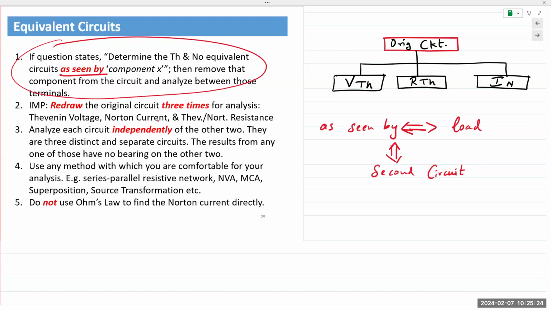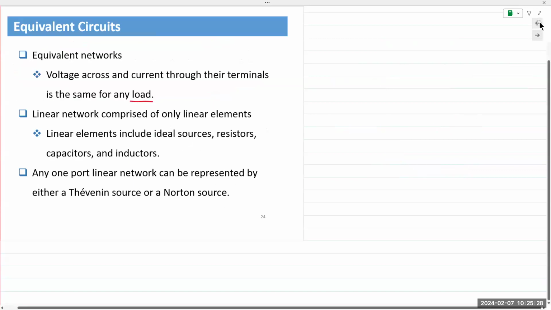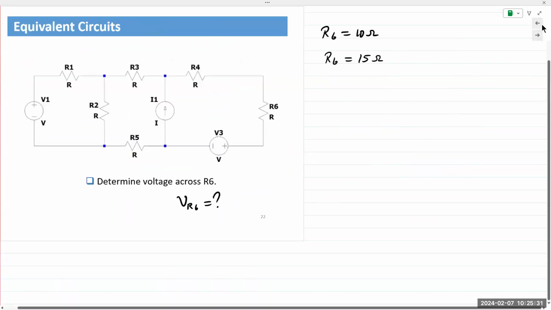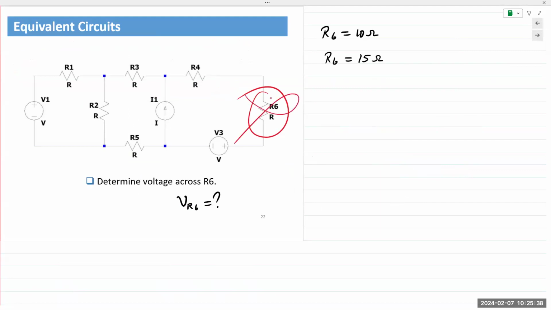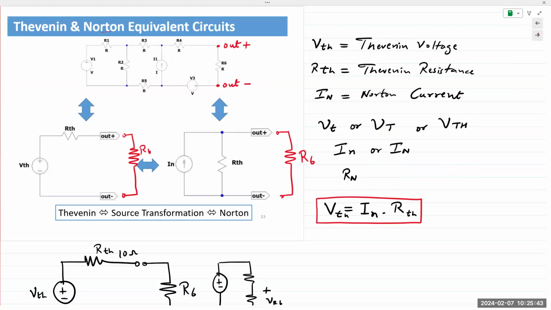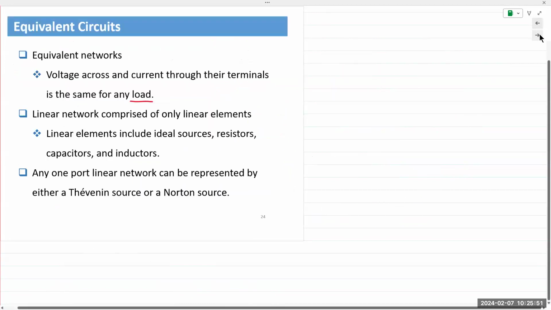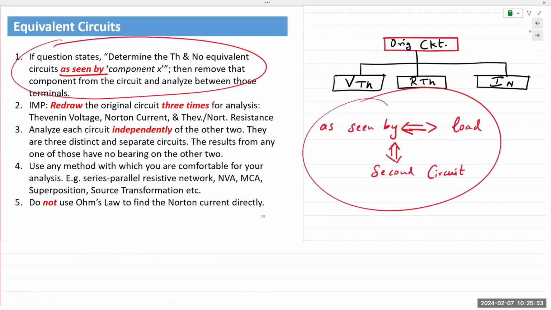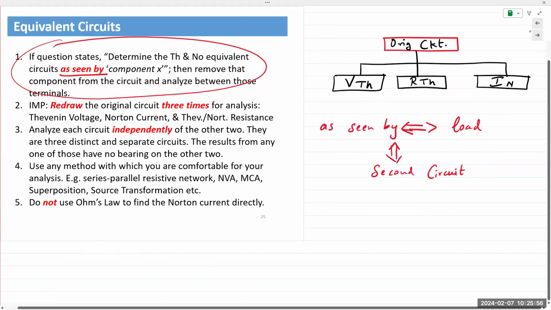It is not part of that circuit. Remember the example that I used when introducing this topic was of this circuit, right? R6. I said, what if you wanted to find a value for R6? Then we remove R6 from our analysis and we analyze the rest of the circuit and we find the Thevenin and Norton equivalent circuits. So again, if the problem statement has any of these three phrases or words, then you remove that component and it is not part of your analysis.